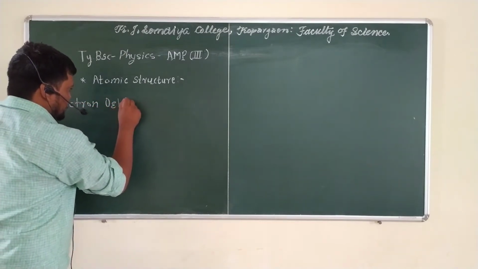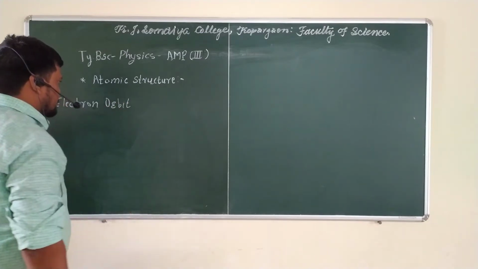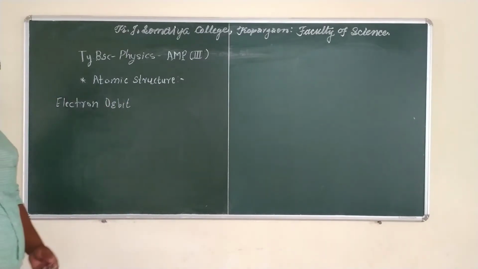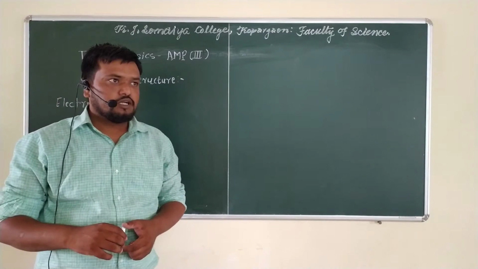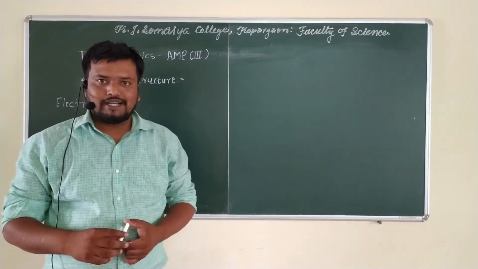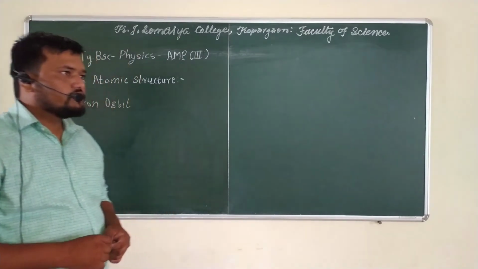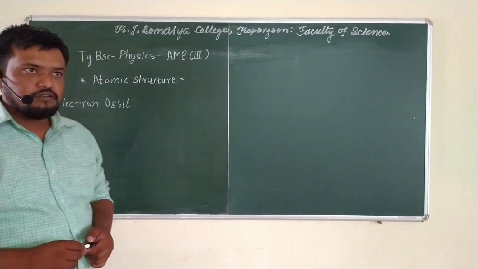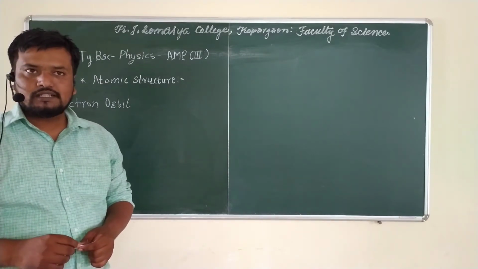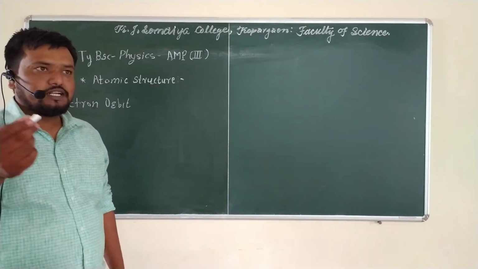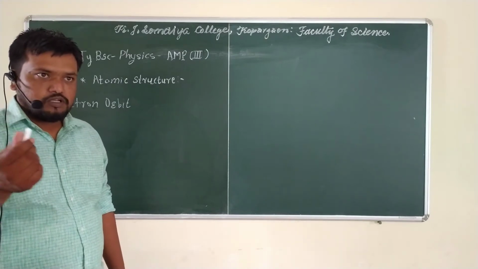We saw in the last lecture that the Rutherford model of an atom confirms the atomic structure. According to him, the atom is a tiny particle with a positive charge on the nucleus, and the electrons revolve around the nucleus.